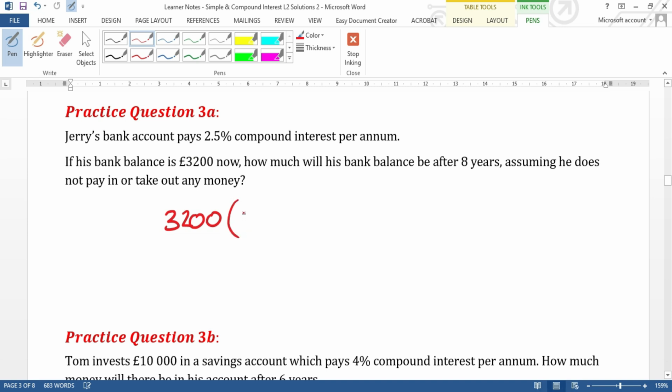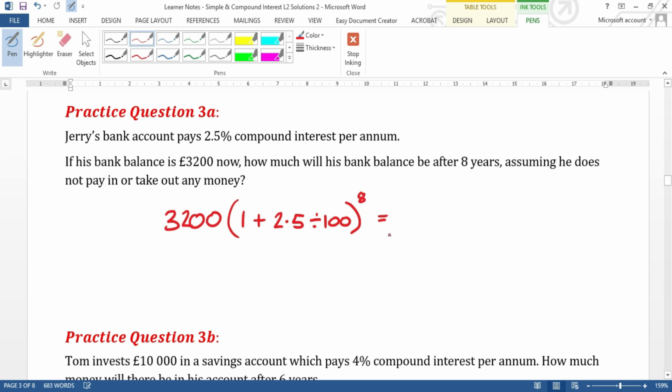Open brackets, 1, and this is a plus because it's to do with a bank account. 2.5%, so I'm going to have to write 2.5% like this. Close my brackets, and for 8 years, let's do power 8, no problem.